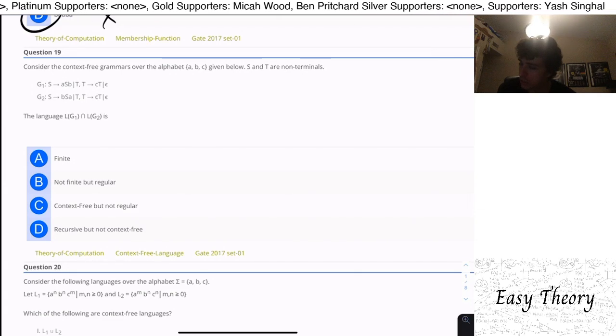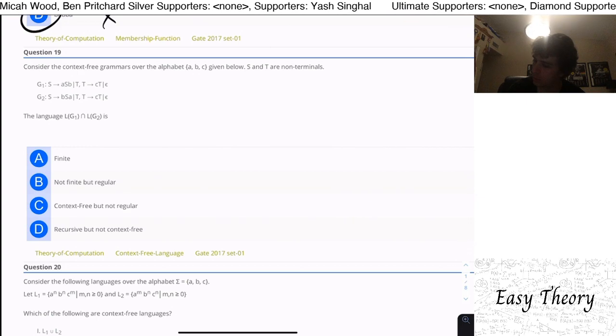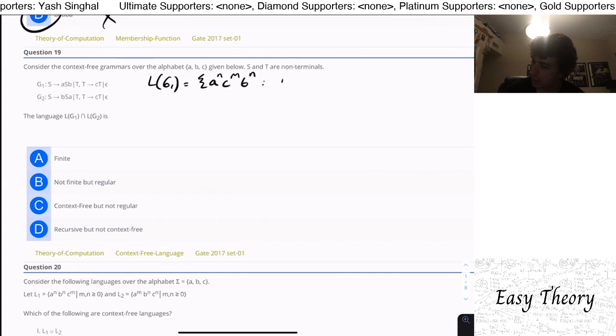Consider the CFGs over the alphabet. S and T are non-terminals. What is the language that is the intersection? So for G1, the language of G1 is A to the N, C to the M, B to the N, I think, where N and M are at least 0.